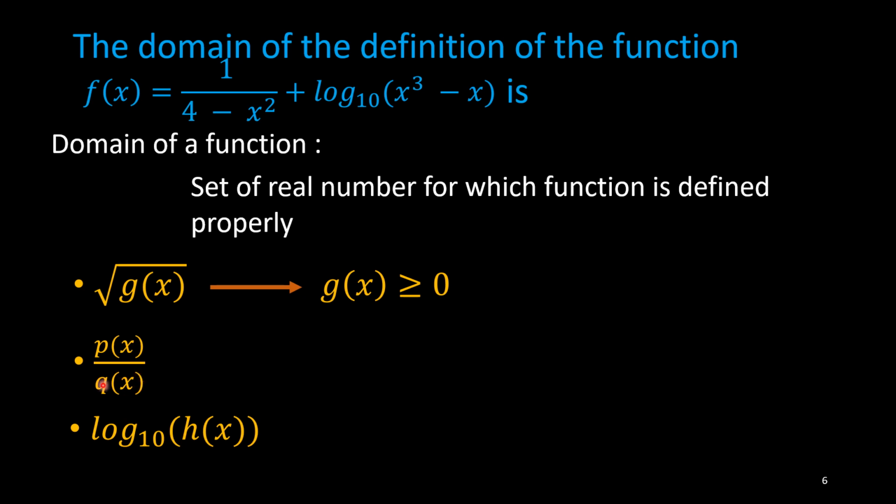So q of x cannot be 0. We will exclude the inputs x such that q of x is 0. So we will solve q of x equal to 0, and that solution should be excluded from the real set. It should not be within the domain of the function.